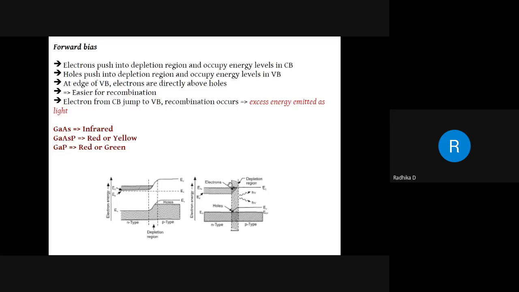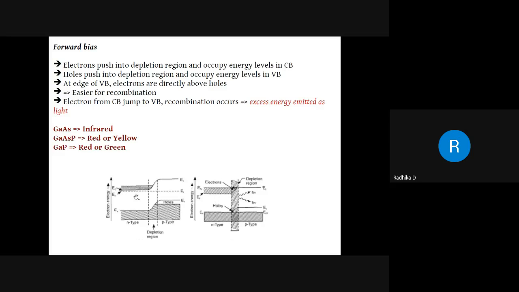So now what we are saying is when your applied voltage exceeds the knee voltage, that is when the current starts increasing. Current starting to increase means what? The charge carriers have to come towards the depletion region. When they come there, you get free electrons.